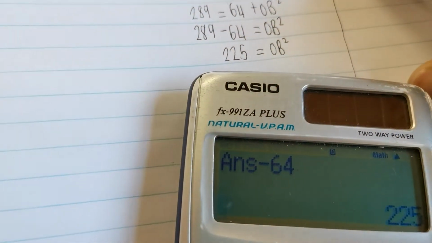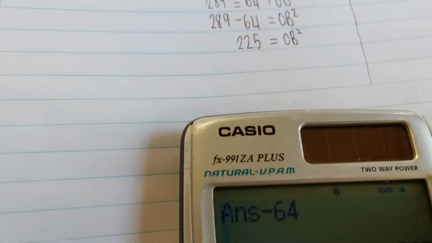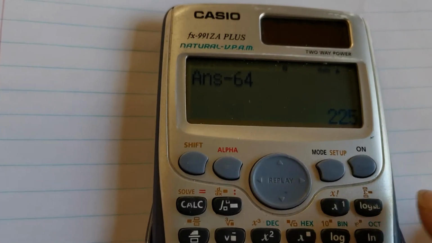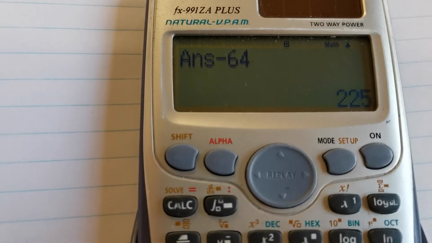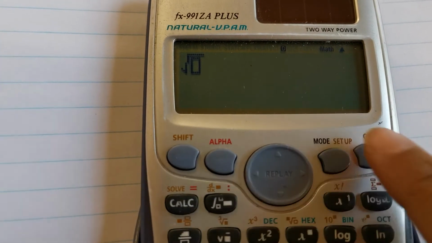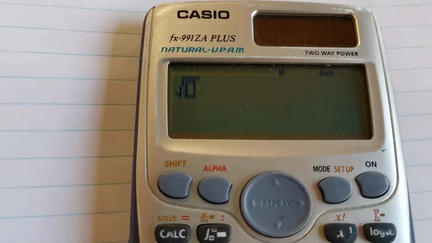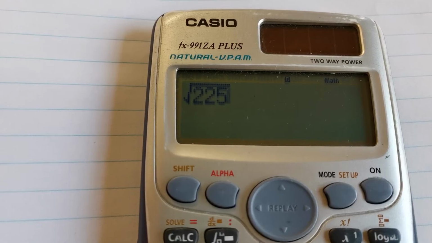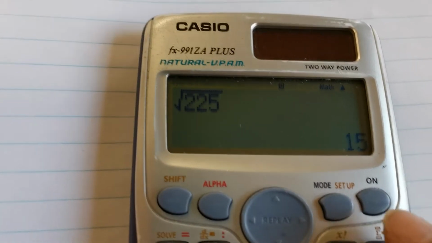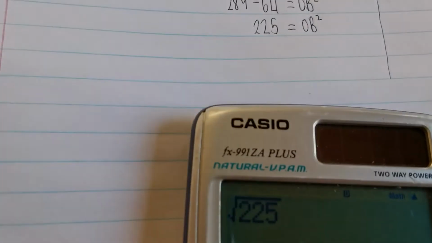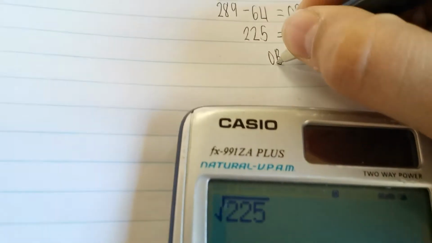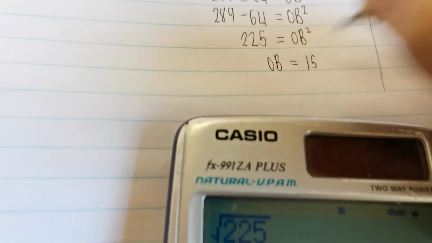And then we're going to square root both sides. The answer is going to be 15, but I'm going to show you. You press on your calculator that button. Let me do that again. That button over there. And then you're going to press 225, or you can press the answer button because it is the answer. Answer is 15. So OB is equal to 15.